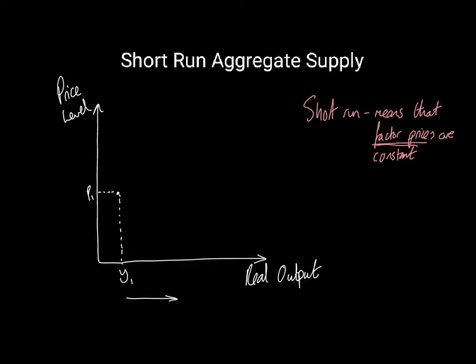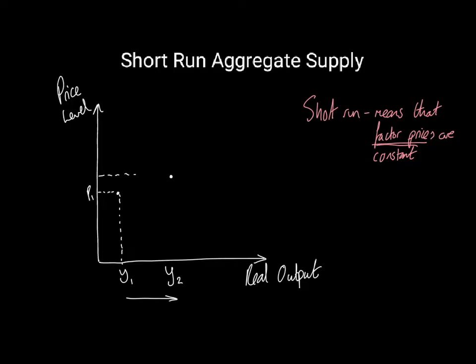So what that will mean is that in order to increase their level of output, let's say to move up to Y2 here, the costs for the firms are likely to rise because they're working their existing factors harder, and as a result we would have another point approximately here.